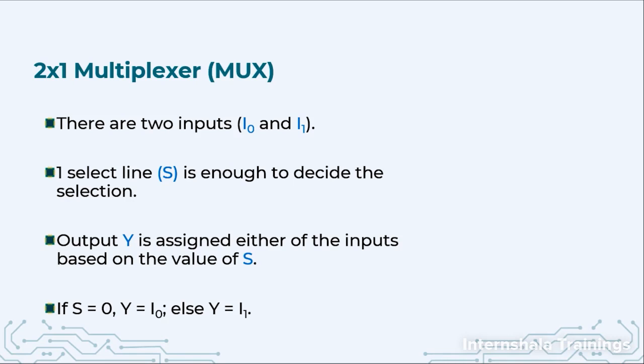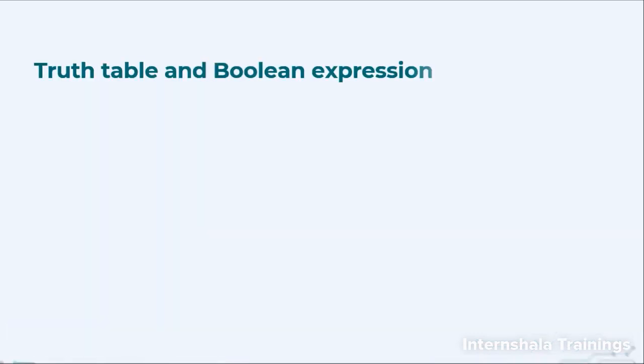Otherwise, Y is I1. That means if S is equal to 1, then Y is equal to I1. So this is the block diagram that we have, and here we have two inputs on the left side, select line on the bottom, and on the right side we have the output variable.